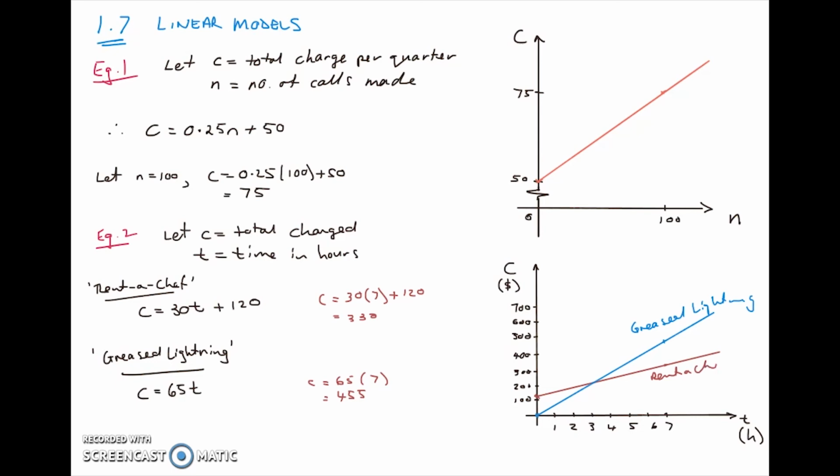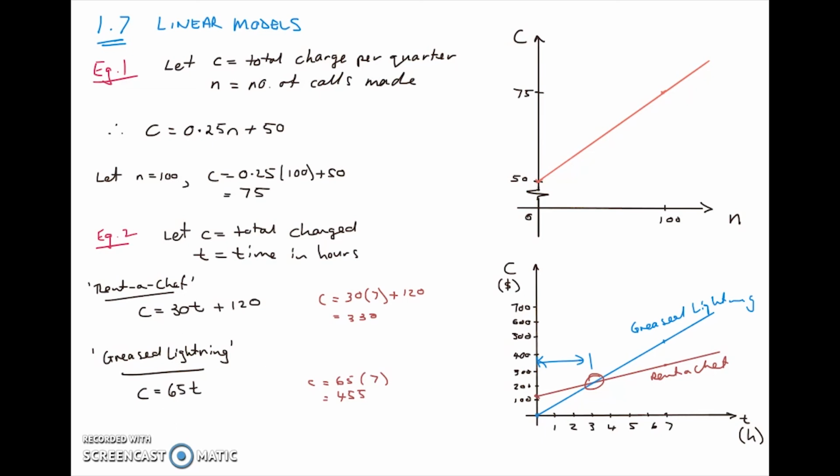According to the sketch, it looks like it's a bit over 3 hours where that difference occurs. Because it's only a sketch, you can't accurately work it out on the graph. So we need to find out the exact time by doing a calculation.